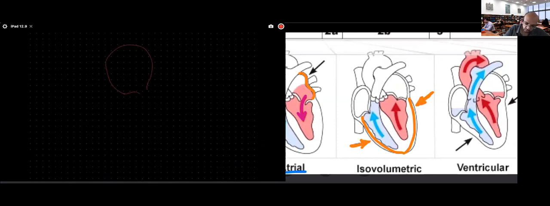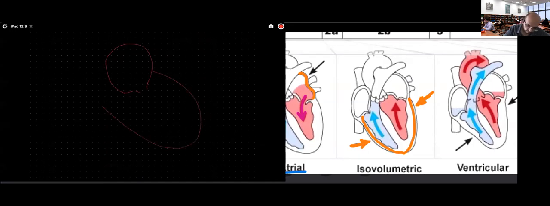But here I'm drawing just the left side. So when I reduce the volume of the ventricle like this, the pressure of the blood inside is going to be increased, higher pressure.